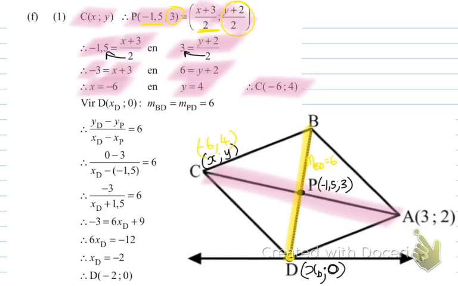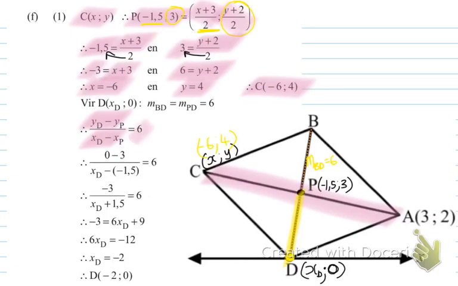They said that the gradient of BD is 6, which means the gradient of PD will also be 6. So the gradient of PD is 6. Now I work out the gradient with the difference of y over the difference of x. It's yD minus yP over xD minus xP. That must give me 6.